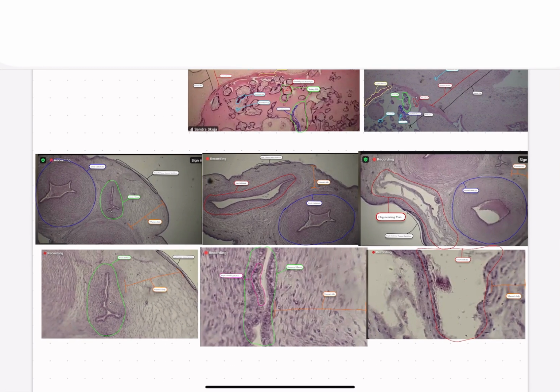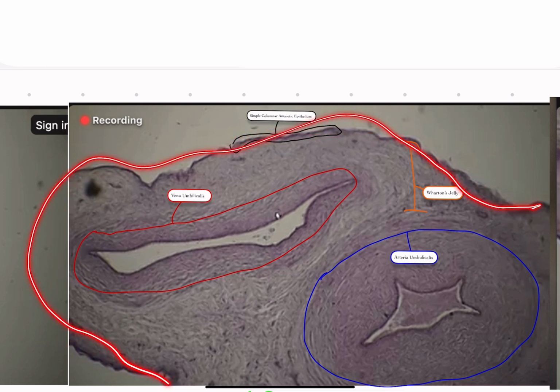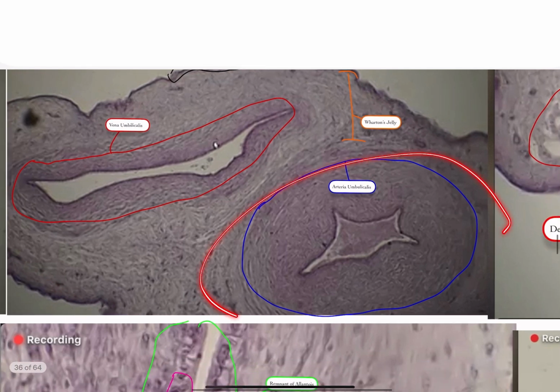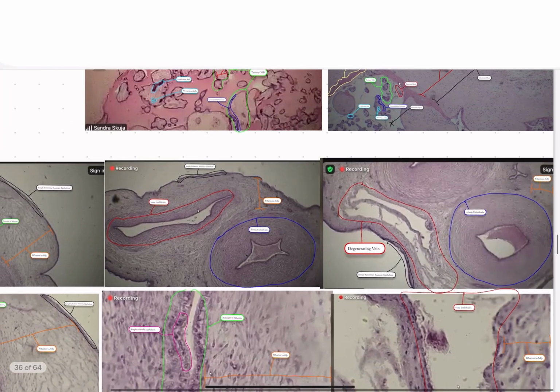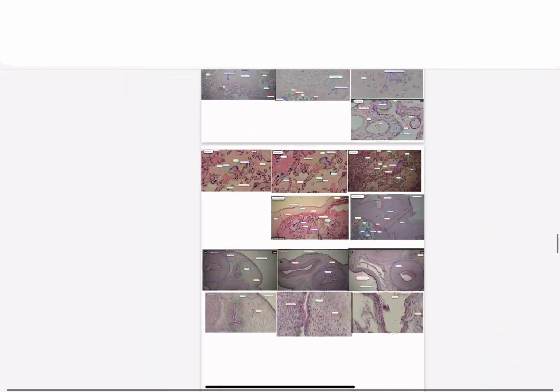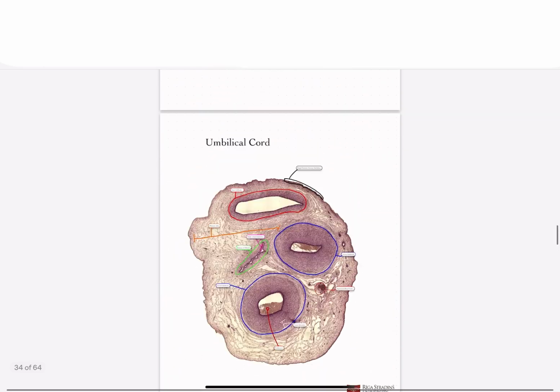So if we see something that has a clear border and looks like it's fairly a smaller structure with large blood vessels like these, then we're definitely in umbilical cord territory. They all look like this, right?